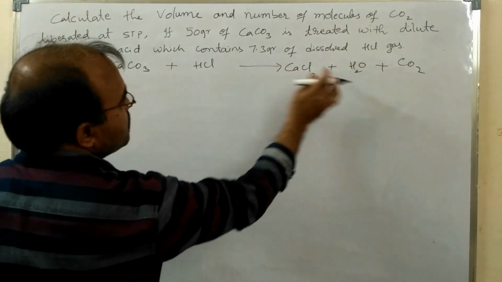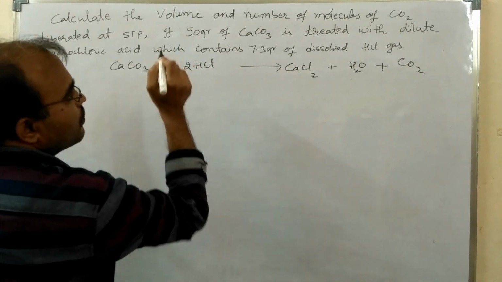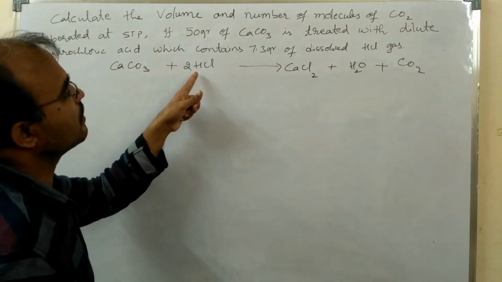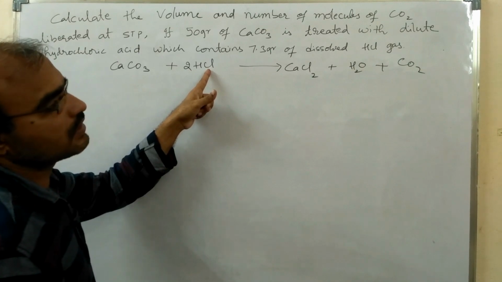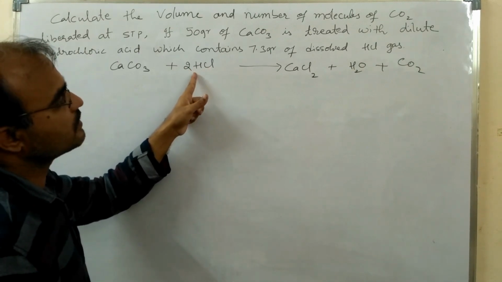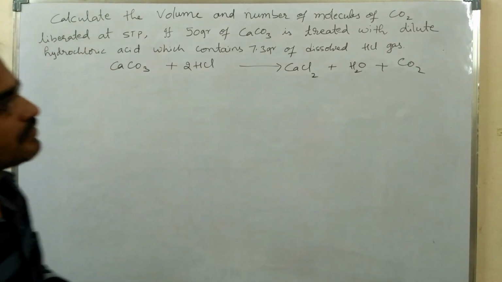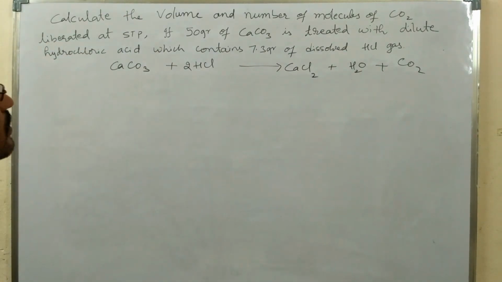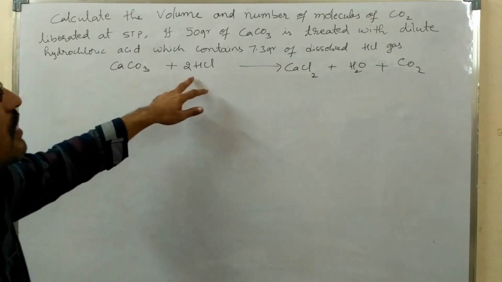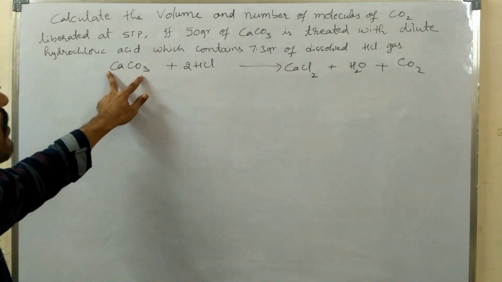Here 2 hydrogens are present, so write 2 HCl. As we increase the hydrogens, automatically the chlorines are also doubled. Check once, 2 chlorines. So fortunately all are balanced, because up to here it was correct.